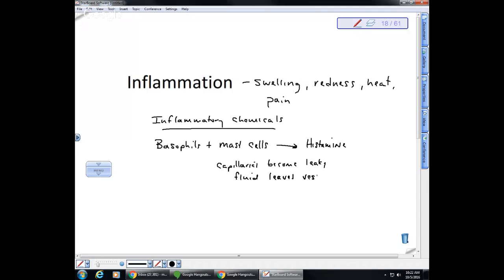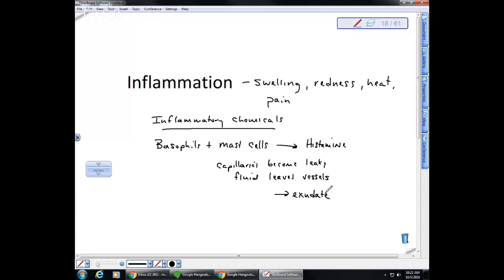Now this fluid actually has a name, and you might have seen it if you have a wound, right? It is kind of a liquidy, watery fluid that's generally clear. And this is called the exudate. Right? So the exudate is that fluid that leaves the capillaries.